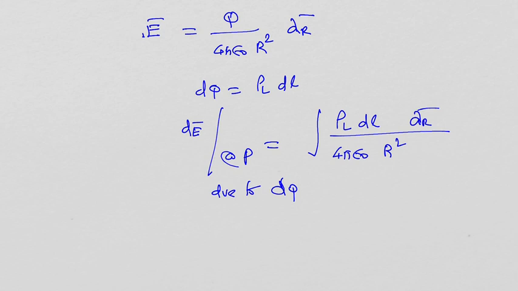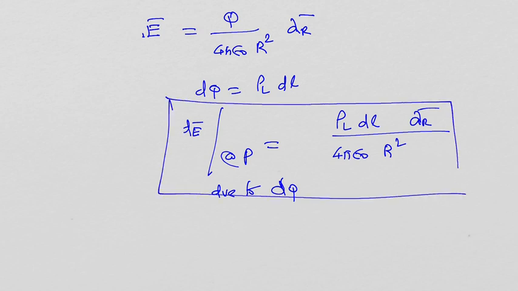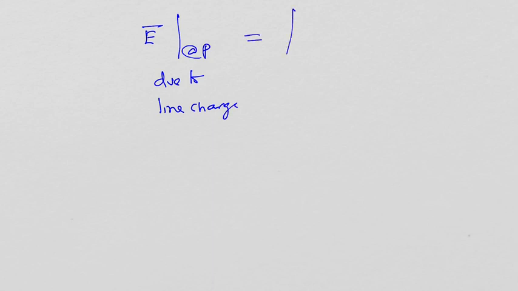Or I will even say, because this is only dE, I don't take integration here. If you ask me to find the total electric field intensity at a point P due to line charge, it can be obtained by taking the integration of rho L dl divided by 4 pi epsilon naught R squared.